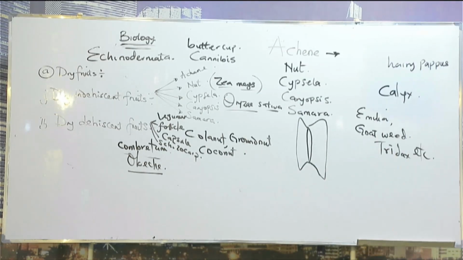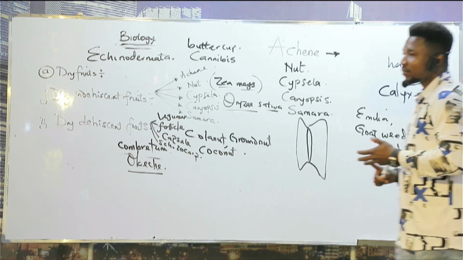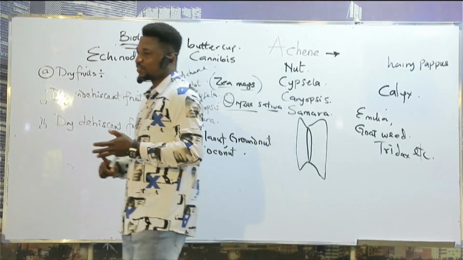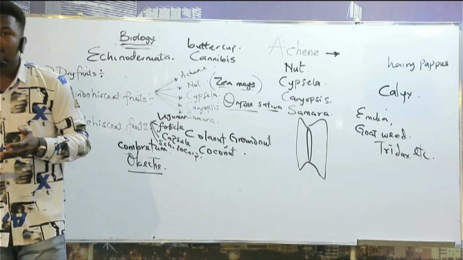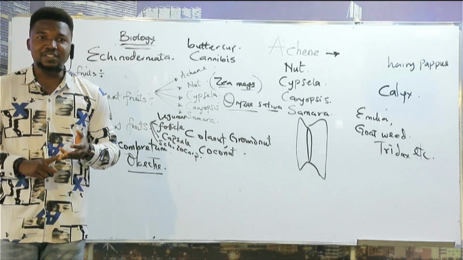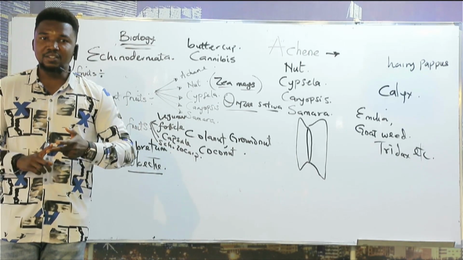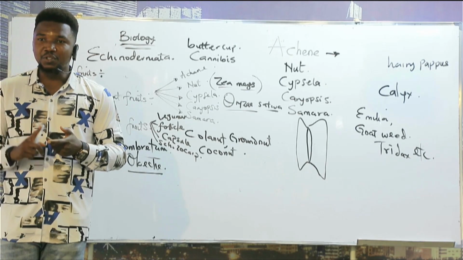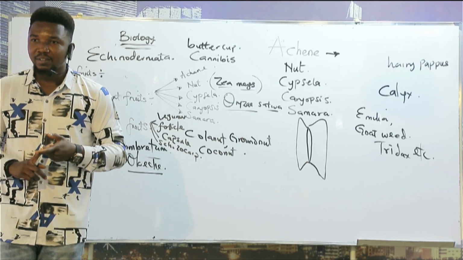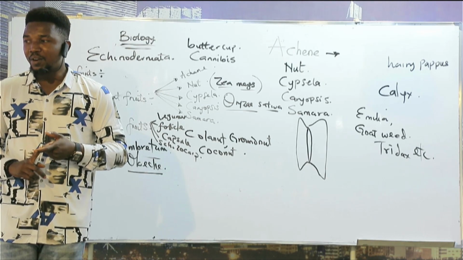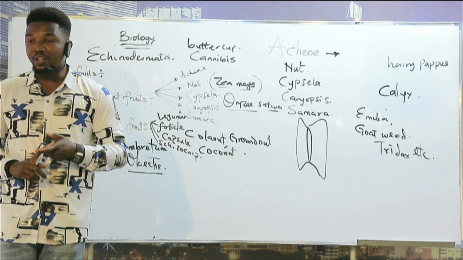So we have bride of Barbados, groundnut is there, right? Beans is also there. Kola nut is not under legumes, please.